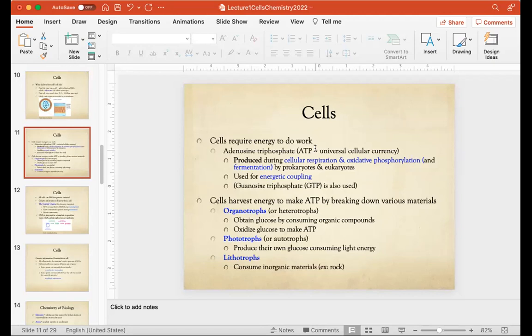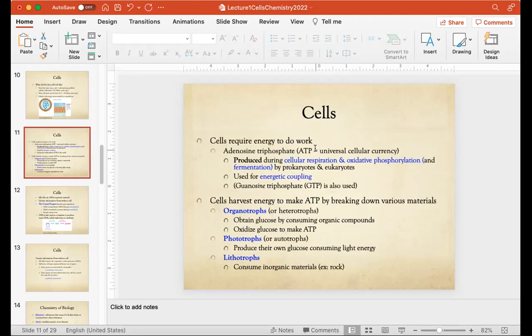Now, ATP comes from somewhere. It's built, it's made during a certain metabolic reaction, and it depends upon the type of organism that you're looking at as to what kind of reaction is making ATP. For example, in humans, our cells are making ATP primarily by using what's called cellular respiration and oxidative phosphorylation.